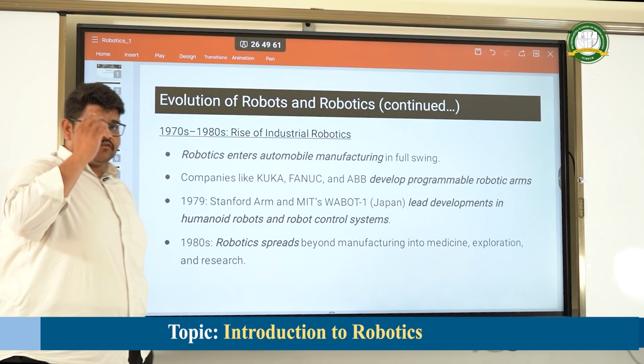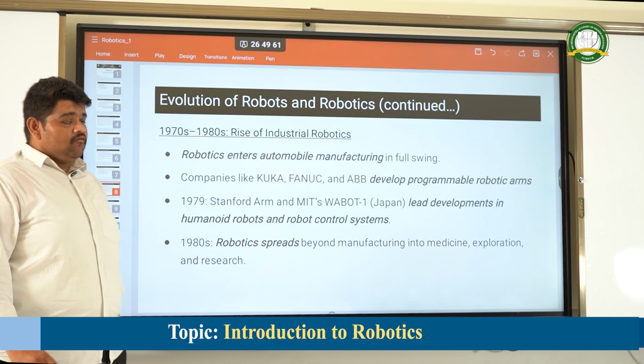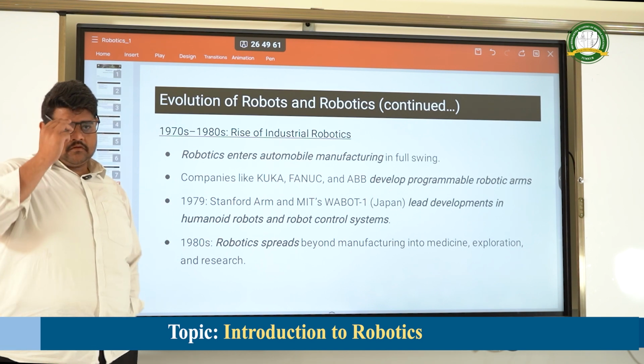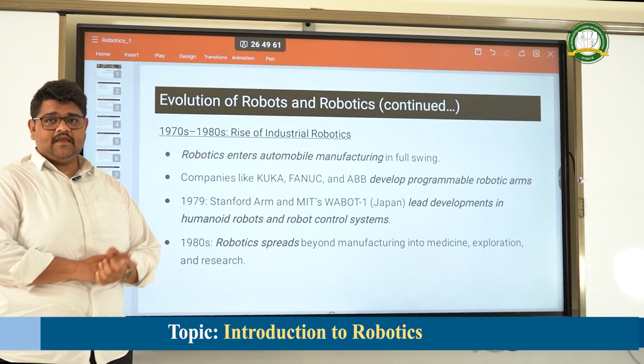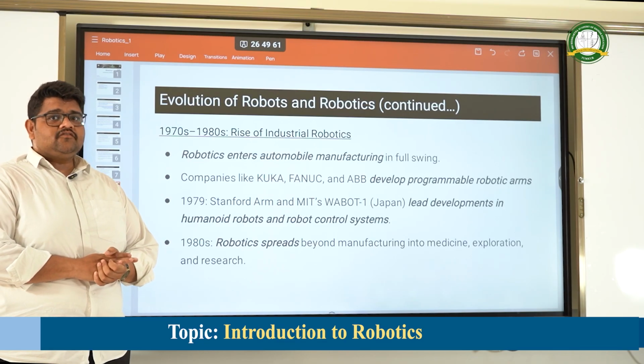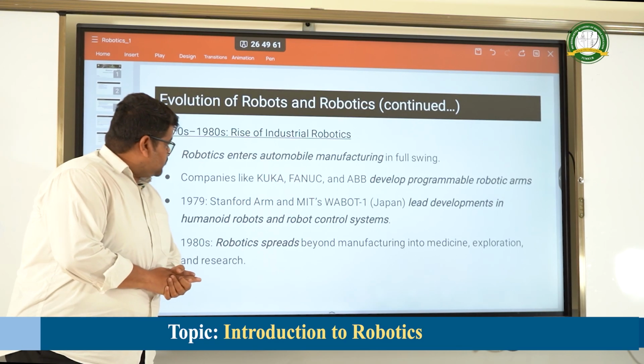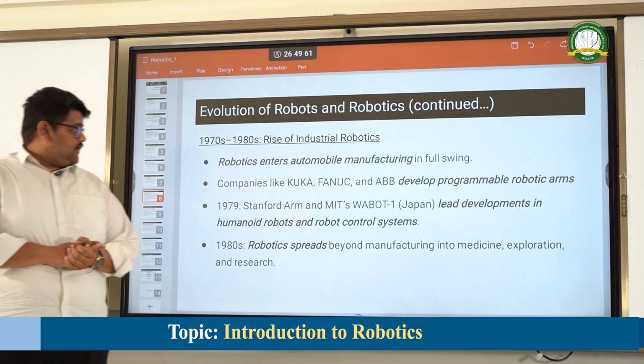During the 1970s to 1980s, we could see the rise of industrial robots, the adaptation of robots in industries such as manufacturing, mostly automobile manufacturing.